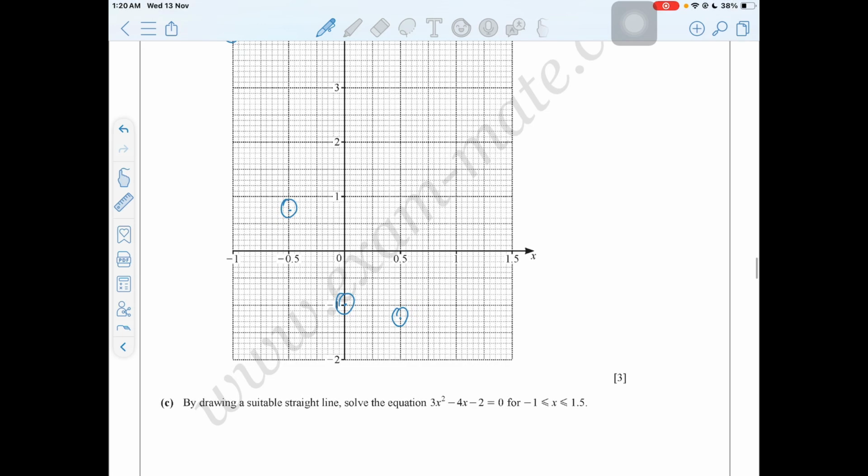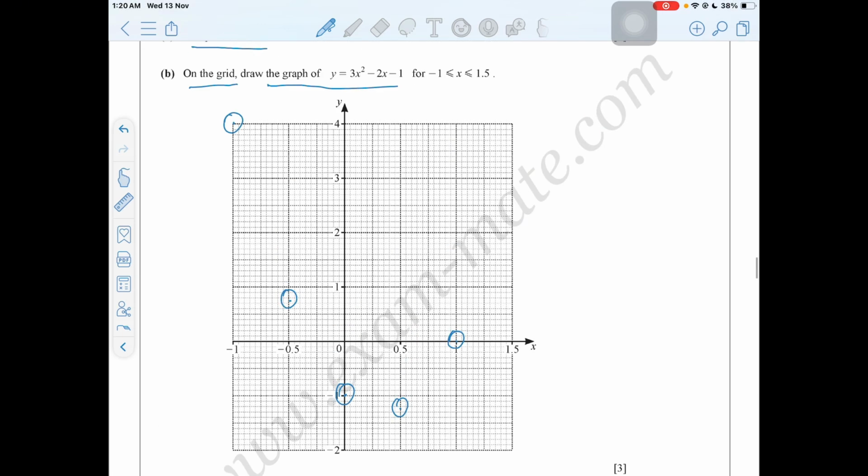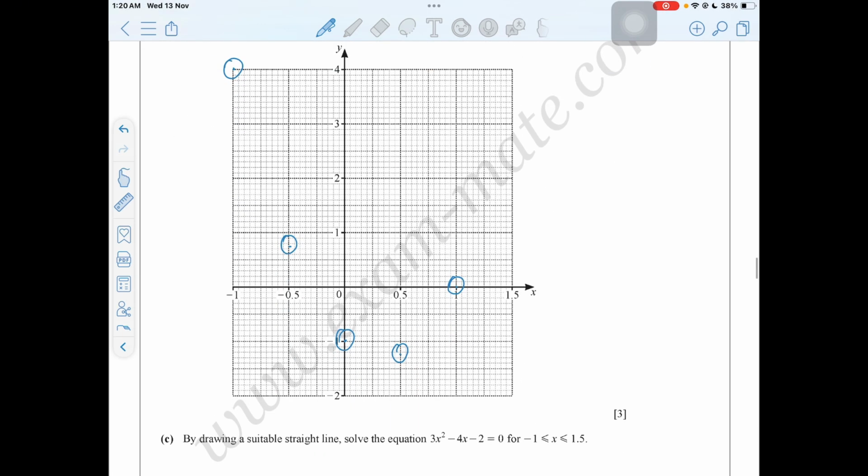At 1, we have 0. And at 1.5, we have 2.75. This is 2.5. This is 2.75. Right? So this would be something like this. Right? Since we are told to just complete the graph, this would be something like this, right?